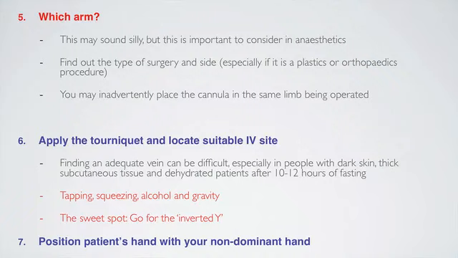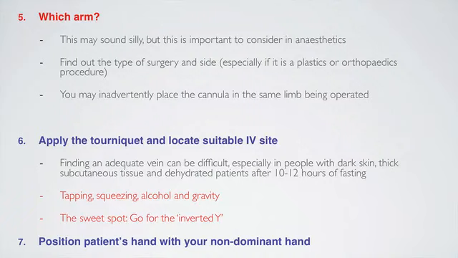Alcohol is a really useful thing. Alcohol wipes are not only used to clean the site, but also to dilate the vein, because alcohol is a natural vasodilator. And also gravity, fluid pools by gravity. So if the patient is on a gurney, simply lower the rails of the bed and ask the patient to hang their arm over the bed.